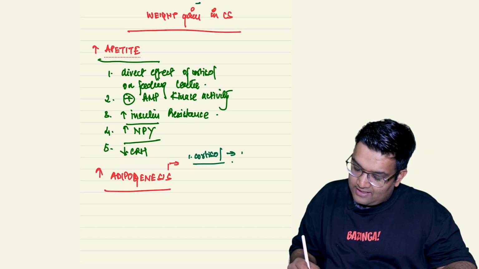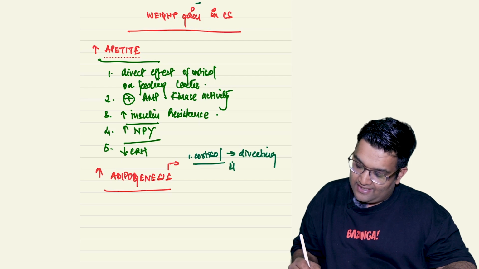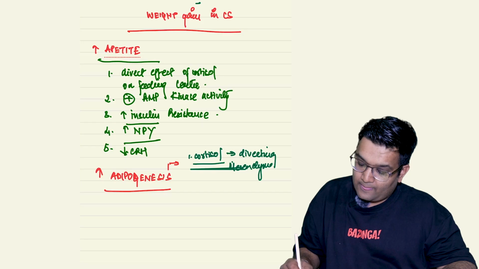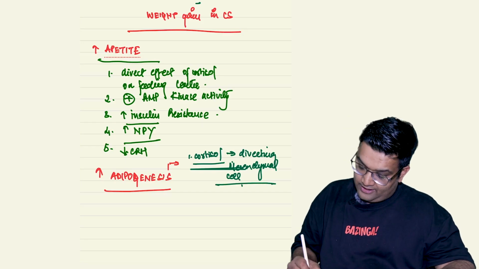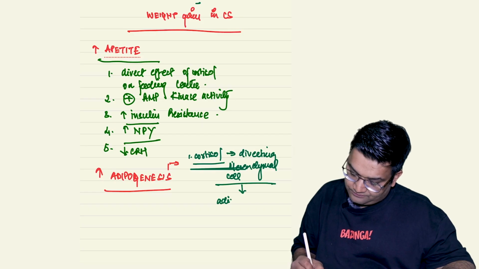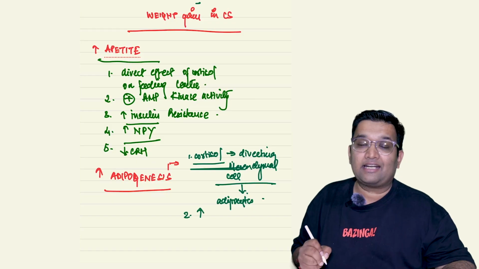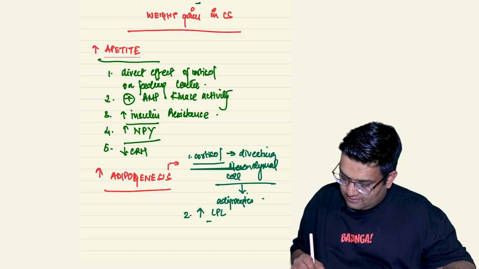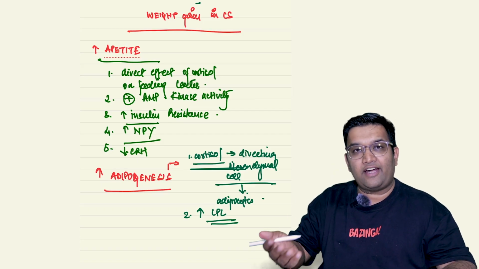So it is diverting this mesenchymal cell, which is the precursor cell, into adipocytes. There is increase in the activity of lipoprotein lipase. So there is increased breakdown of fats into fatty acids.